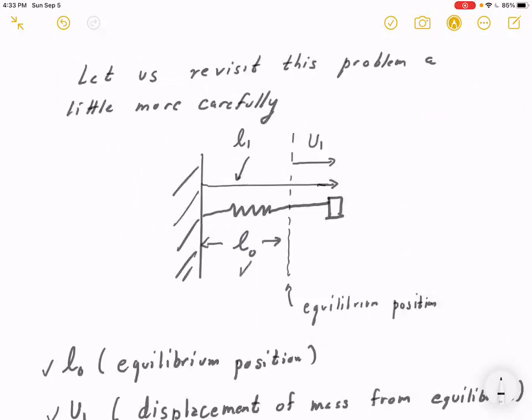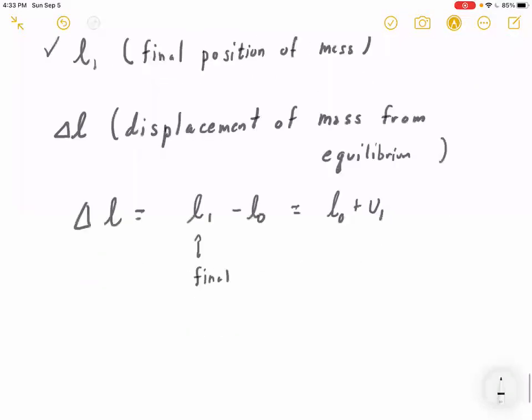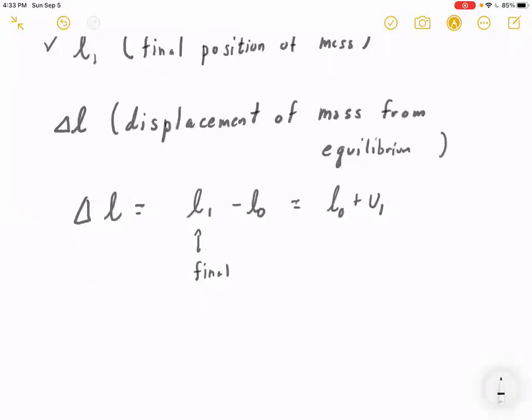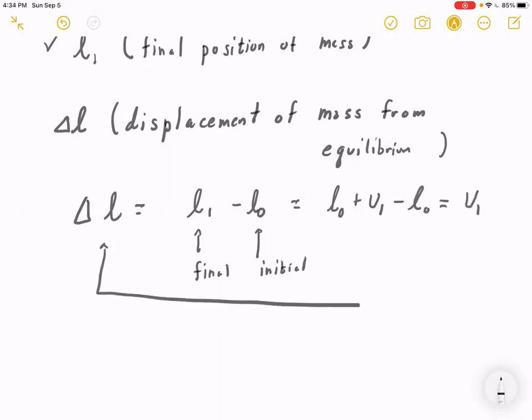L naught plus U1 is L sub 1. What I called L1 is really L sub 1. So I'll try to be a little bit more careful. And when I do this subtraction, I get that the displacement delta L is just U sub 1.